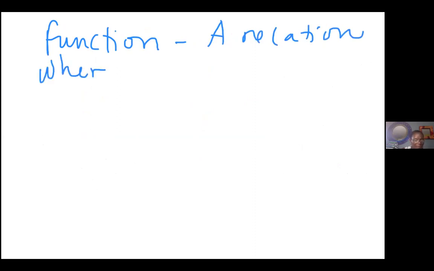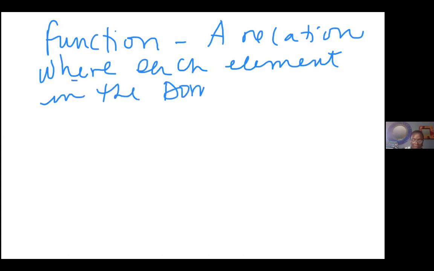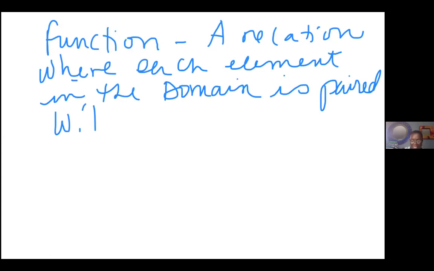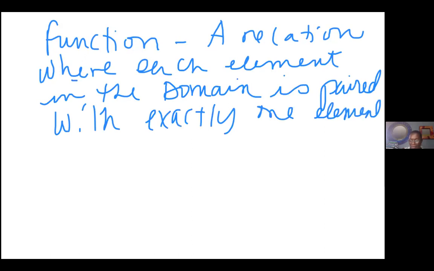A function is a relation where each element in the domain is paired with exactly one element in the range.